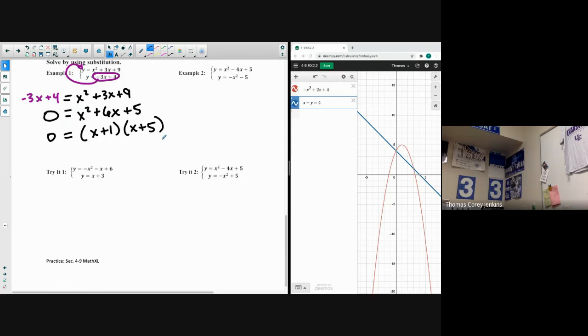Okay, that's how it's going to factor out. And so now I can easily solve by using the zero product property to get that x plus 1 equals 0, so x equals negative 1, and x equals negative 5.